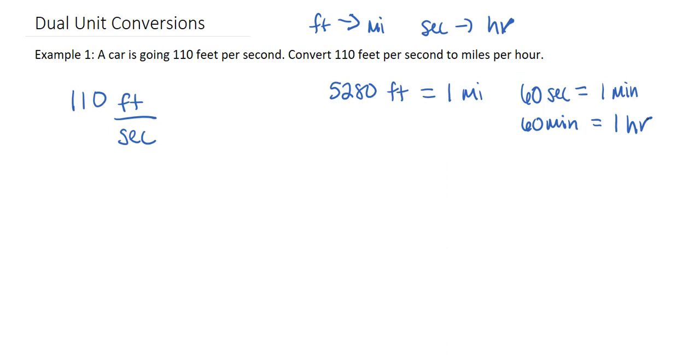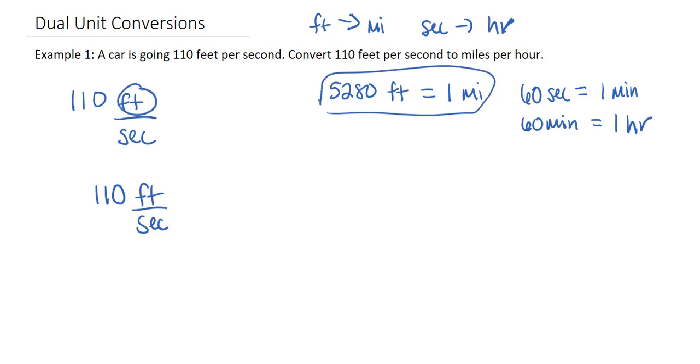So let's go ahead and now start to set up our conversion. So if we have feet per second, let's go ahead and deal with the feet first. So we can either go like this, or we can put this on top.